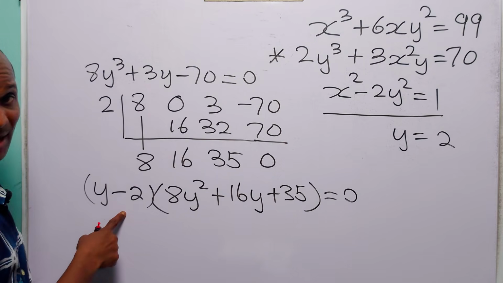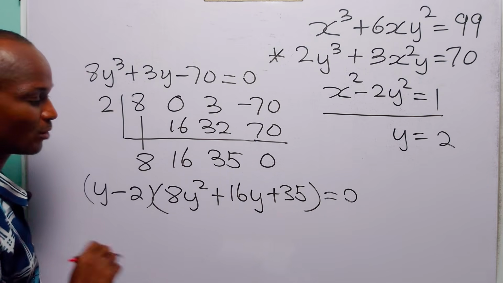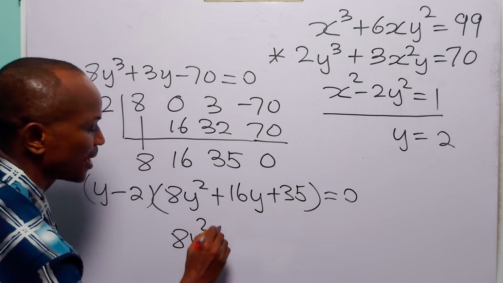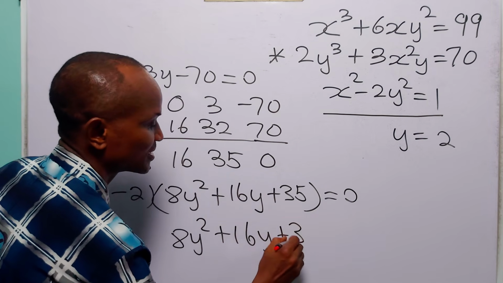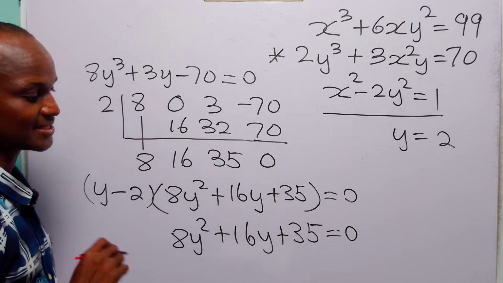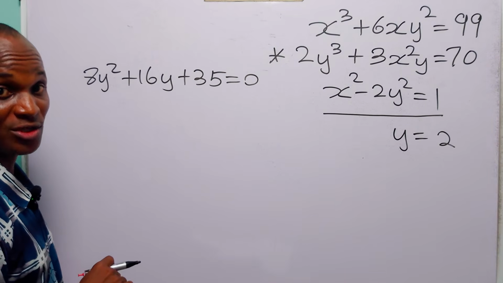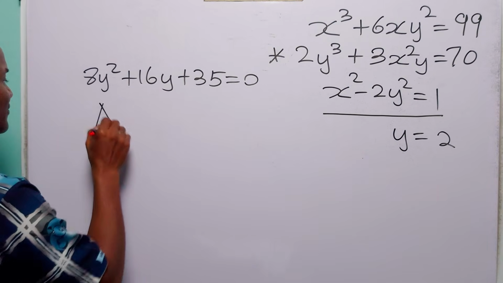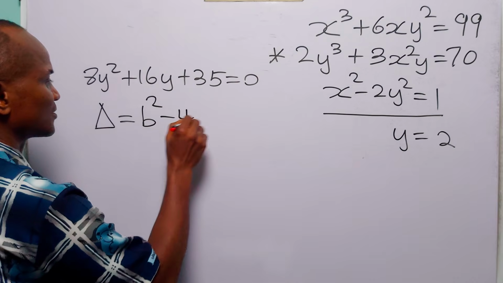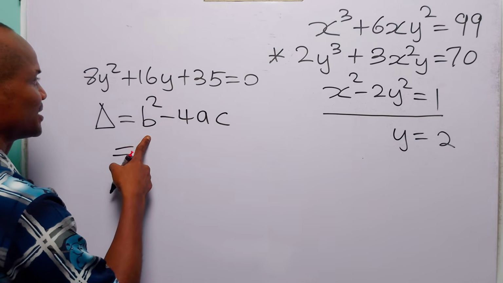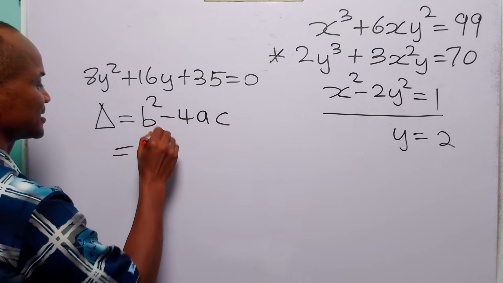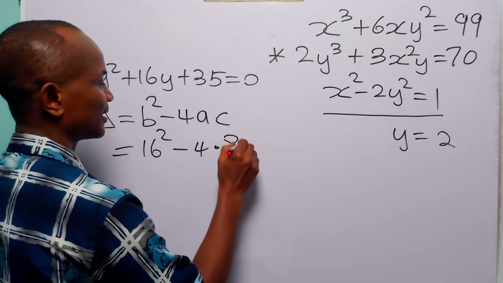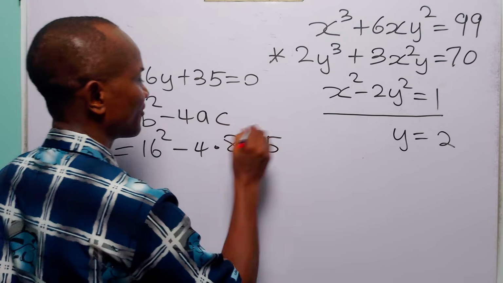Now, already from this factor, we have found that y is equal to 2. Now, all we have to do is to solve the quadratic equation 8y squared plus 16y plus 35 is equal to 0. Now, this quadratic equation is not going to yield any real values of y, but let us be sure. We have the discriminant, which is b squared minus 4ac. Now b is 16. So we have 16 squared minus 4 times 8 times 35.